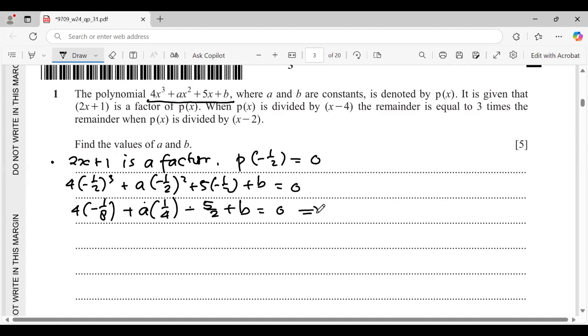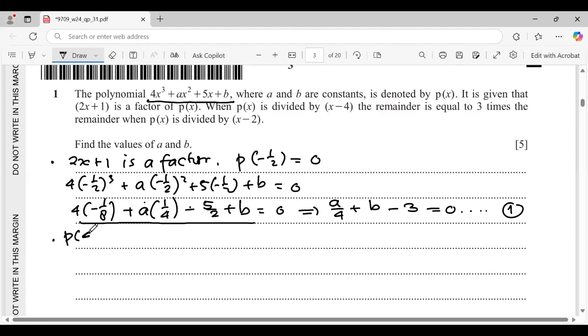So if you continue to simplify this expression, you're going to find the equation a over 4, a quarter plus b minus 3 equals 0. And this is the first equation. And after that, using the remainder theorem, we're going to find the expressions for the remainder.